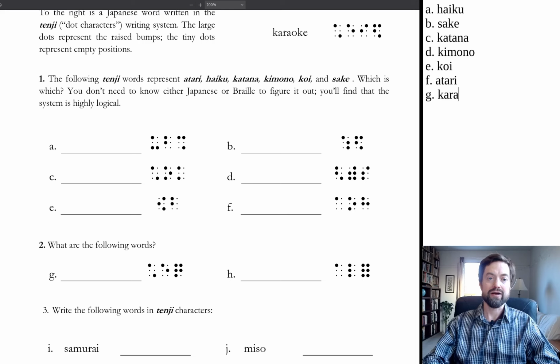Ka, ra. And then what's the third one? I'm looking for a match to this, and I don't see it.